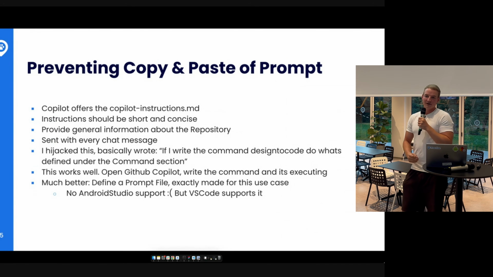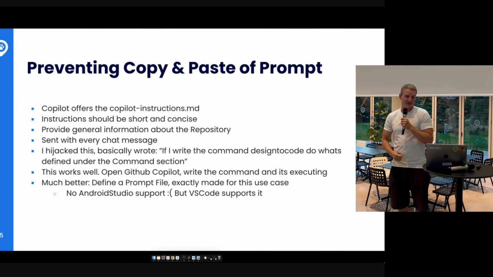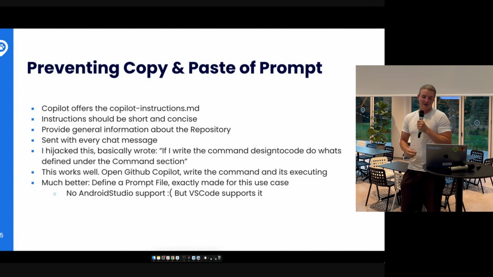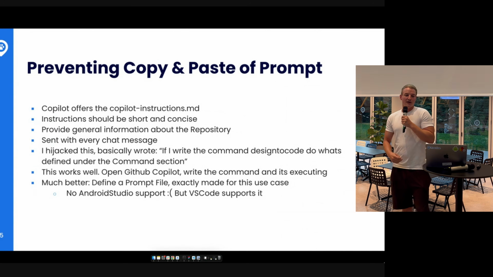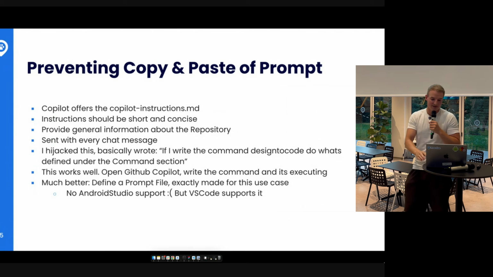Because on VS Code, for example, you can define custom prompts in a prompts markdown, which is unfortunately not supported in Android Studio right now. So the way I did it was just provide the Copilot instructions MD, and at the top, I write the following comment: do everything that's defined under the comment XYZ section, basically. And that worked.